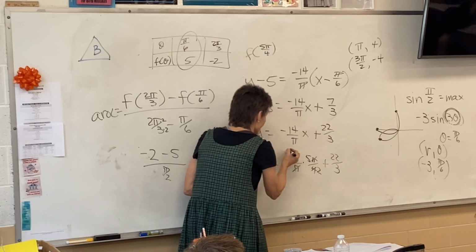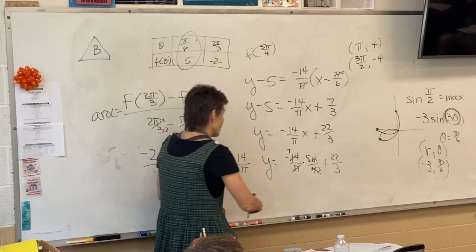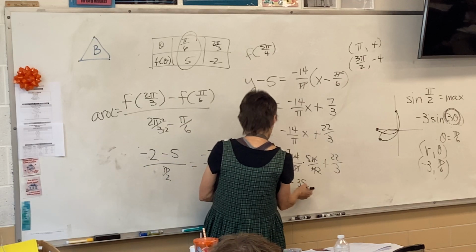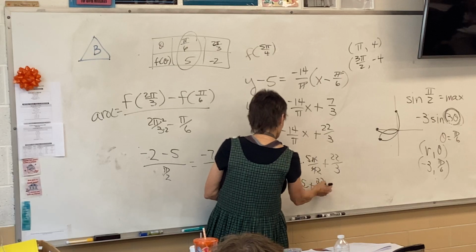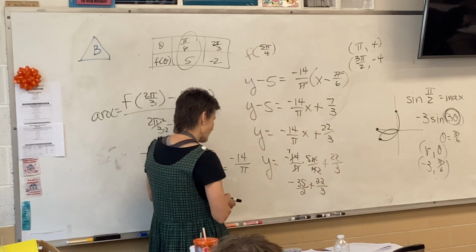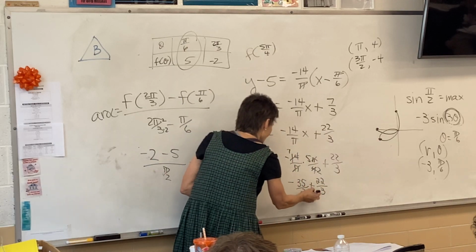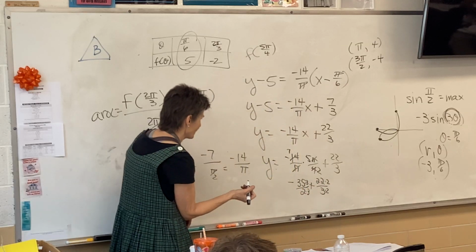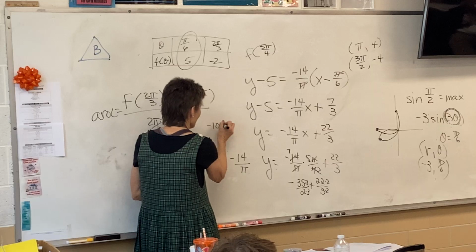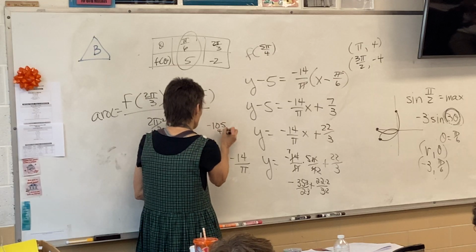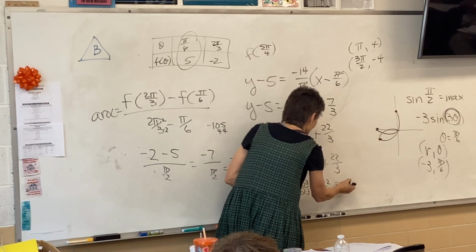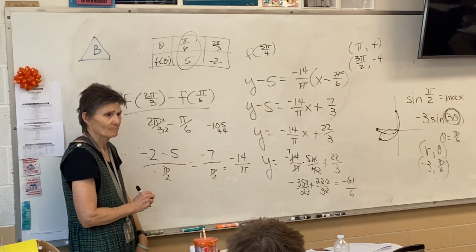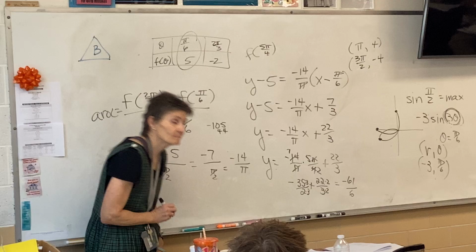So I have negative 35 halves plus 22/3. Keep an eye on my arithmetic. Does that seem right? So I get a common denominator, and I have negative 105 and 44. So negative 61/6 would be my answer. Okay?